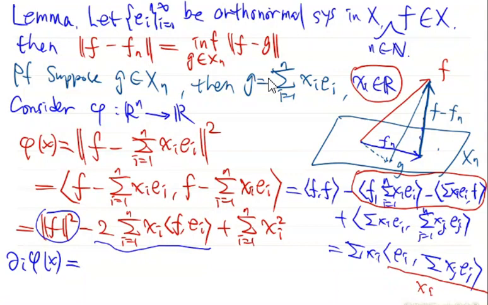The second term, taking the partial derivative with respect to xi, gives you minus 2 fi. And the last term, the sum of xi squared, its partial derivative with respect to xi will give you 2xi.